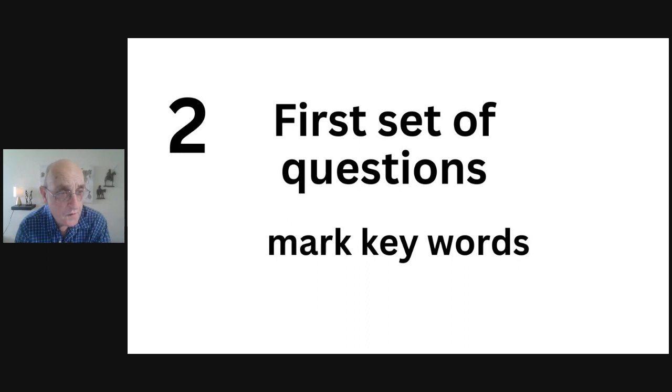And as you look at the first set of questions, you'll want to start identifying the key words that you can mark or underline that will give you the best clue for finding the information you need to answer that question. So you'll use a keyword strategy.